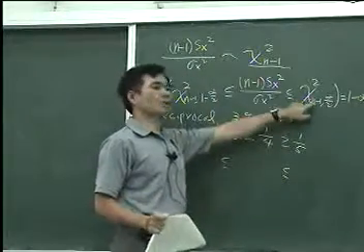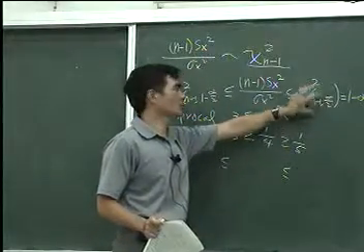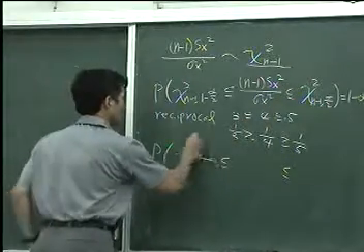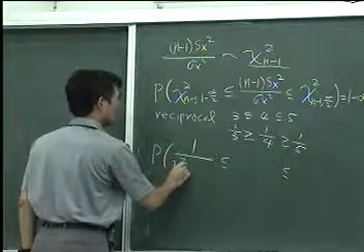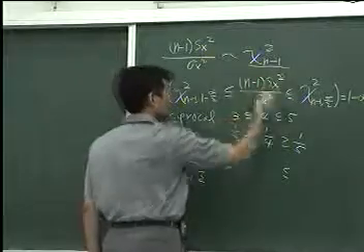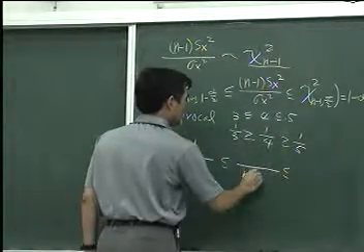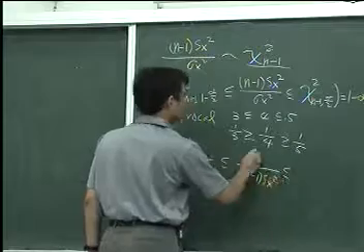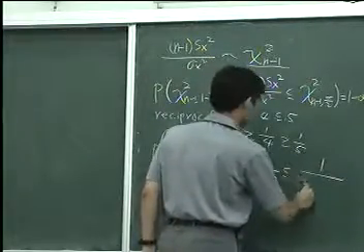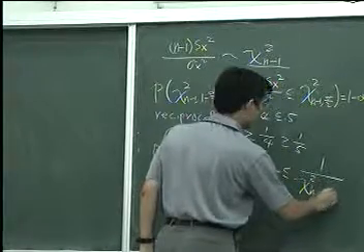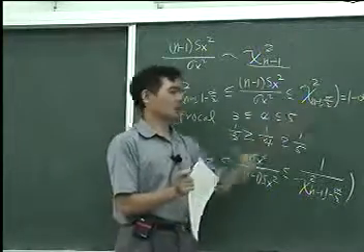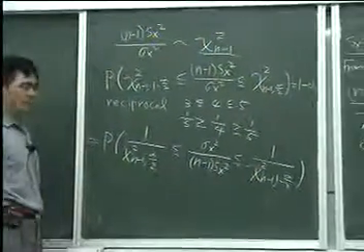So it should be 1 over chi-square_{m-1, alpha/2}, and here you have it upside down, sigma_x^2 over (m-1)S_x^2, and then 1 over chi-square_{m-1, 1-alpha/2}. And still it is equal to 1 minus alpha.